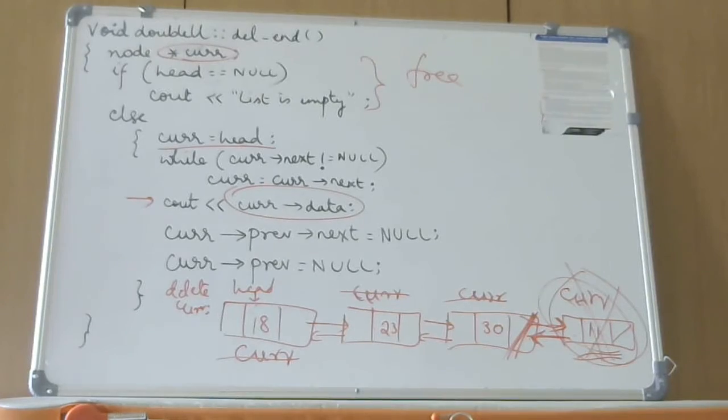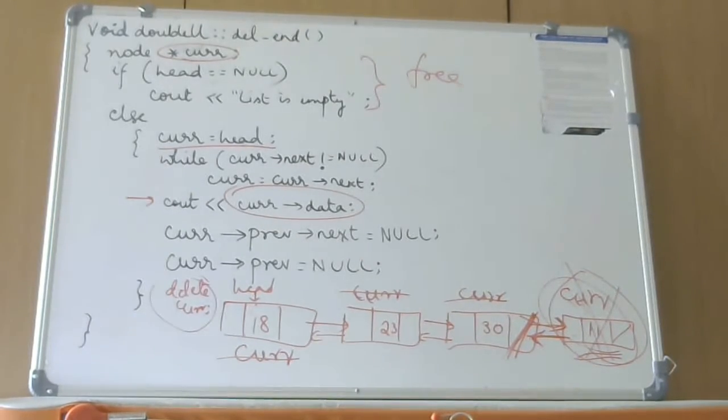We deallocate the memory that is allocated. Similarly, instead of free, we can make use of delete current. So current of previous of next should be null. Current of previous also you have to set to null. So these are the two links that you have to change when you are trying to delete at the end.